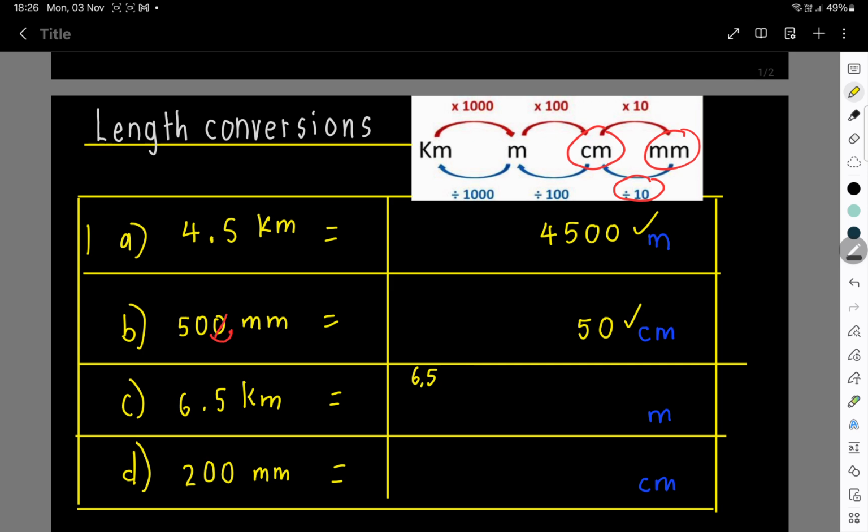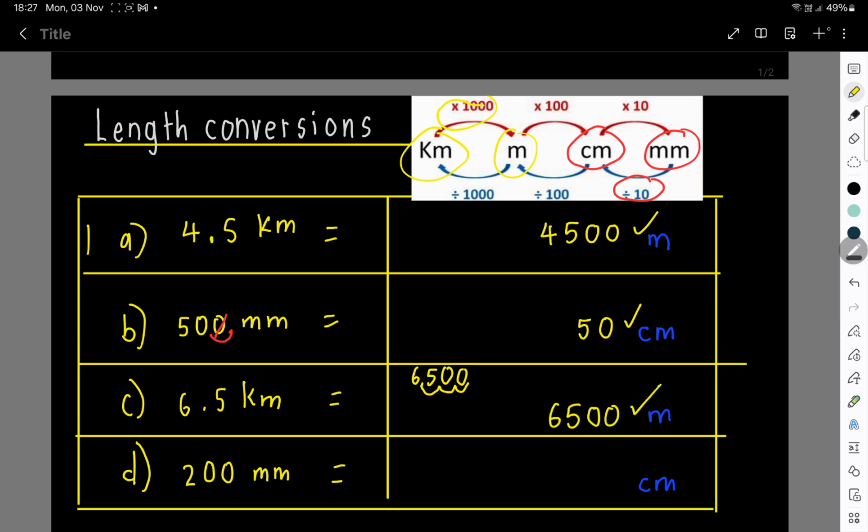Remember, you are converting from kilometers to meters, which means that you need to multiply by 1,000. Then you jump. How many times? You jump 3 times because there are 3 zeros in 1,000. Jump 1, 2, 3. Add your zeros in. That is your final answer.